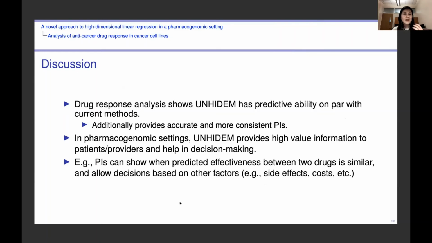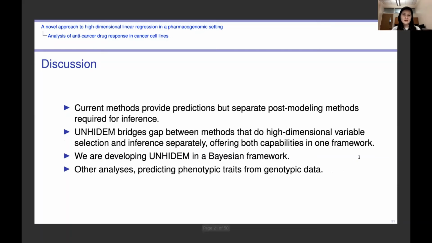For example, if you have 2 drugs that have a similar predicted effectiveness with similar prediction intervals, providers can suggest to pick one or the other based on other clinical factors. Or alternatively, if you have 2 drugs where the effectiveness can be a bit different, you can see how much the prediction intervals overlap, and then again, that informs your decision.